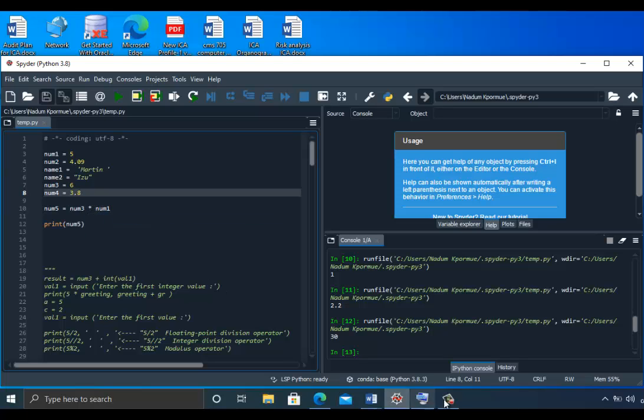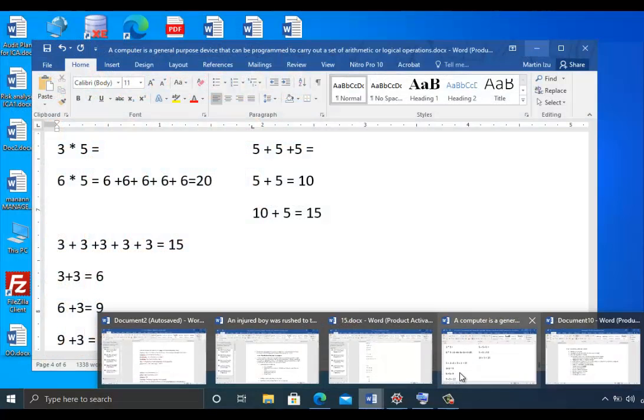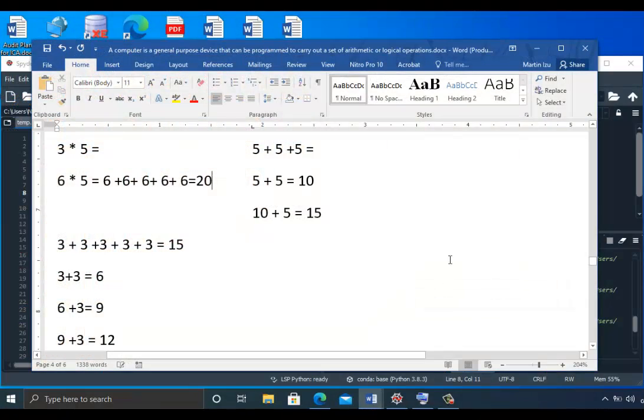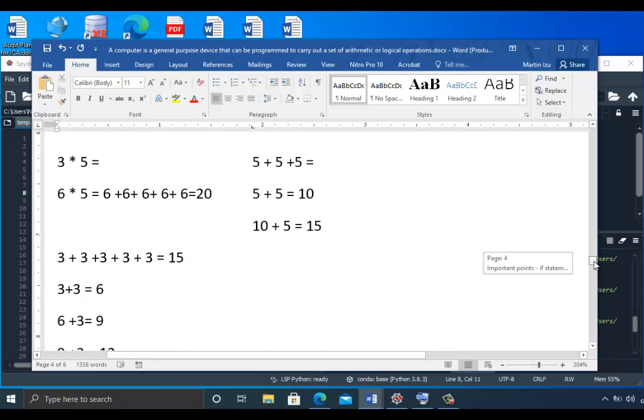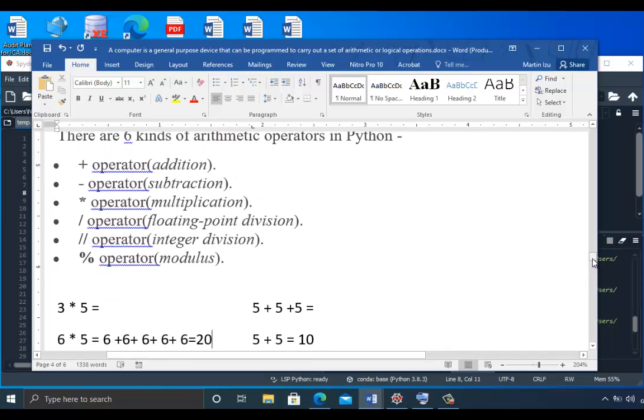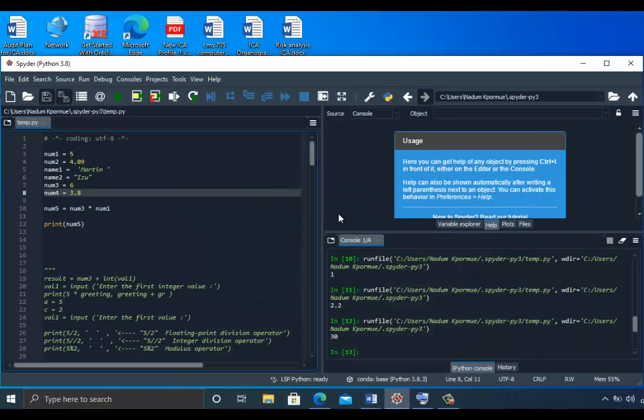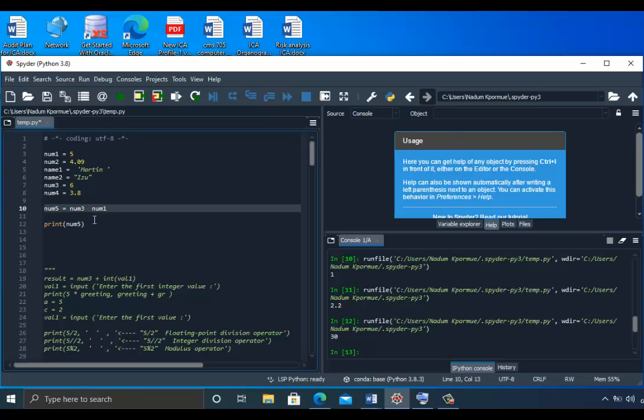So the next operator we'll be looking at, oh, it's almost an hour, is the division operator, which is your forward slash. Now this division operator is key. There are two.